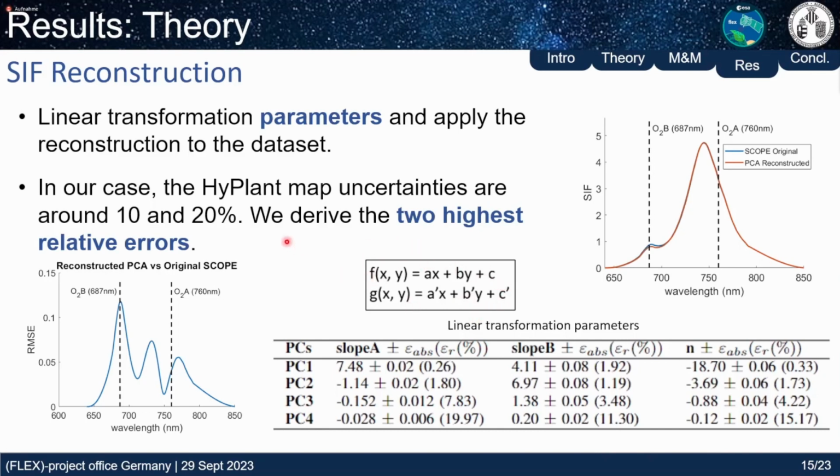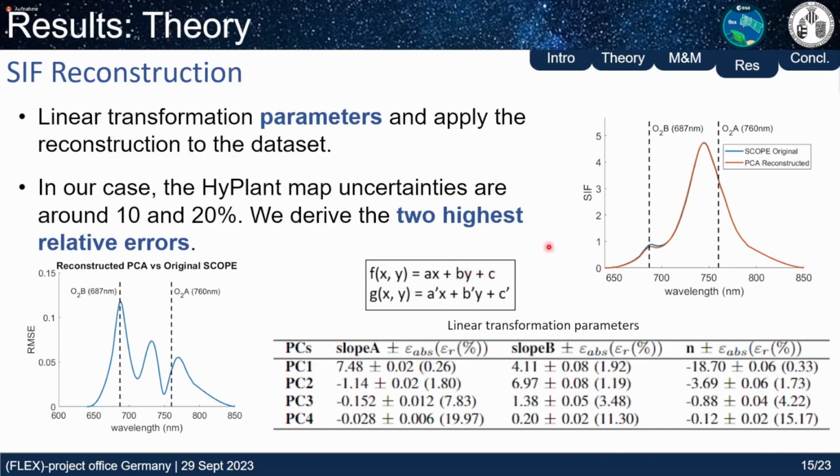As in our case the HyPlant map uncertainties represent around 10 to 20% of the values, the relative error of the parameters is much lower than that of the independent variables. For this reason, when we derived the formulas, we only derived in x and y, because A and B have a very low error in comparison with the other parameters.